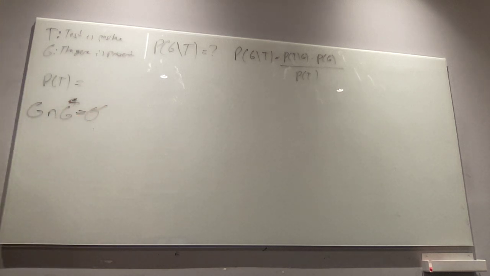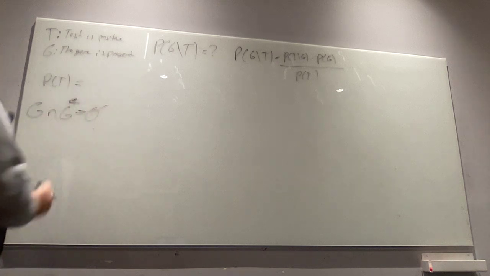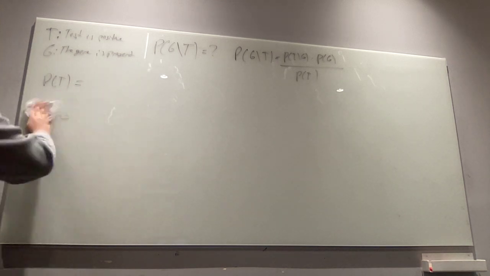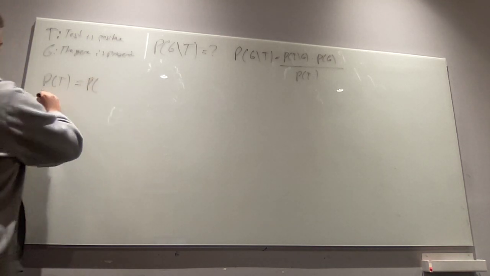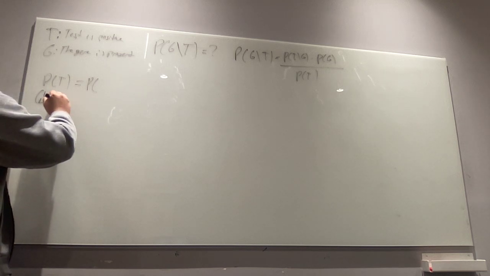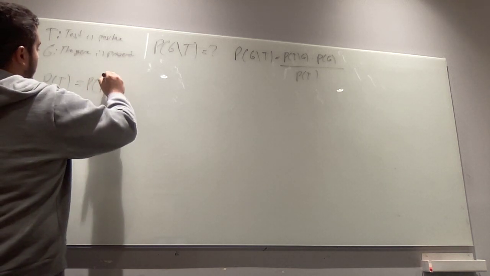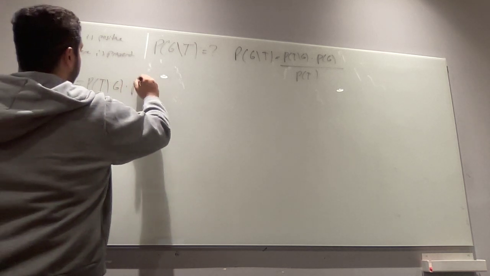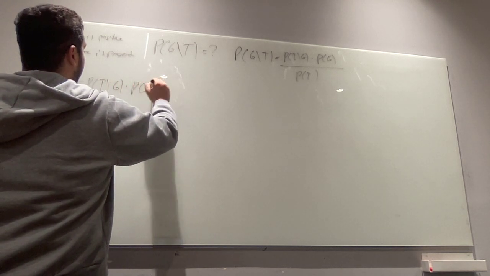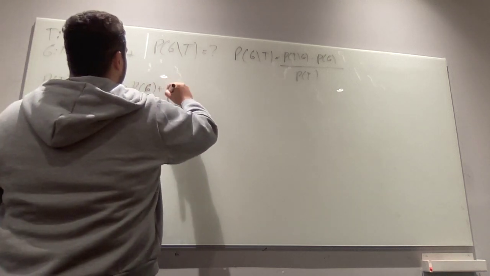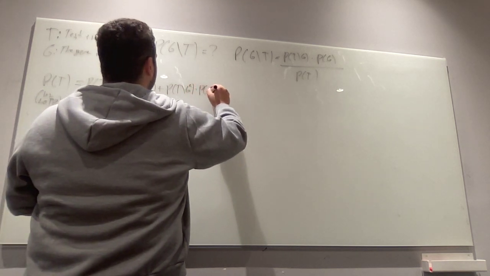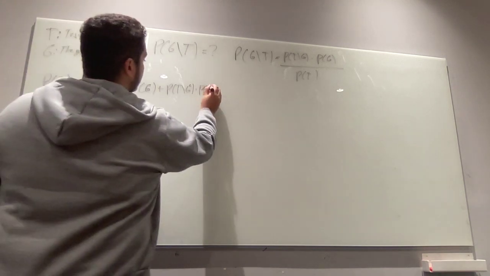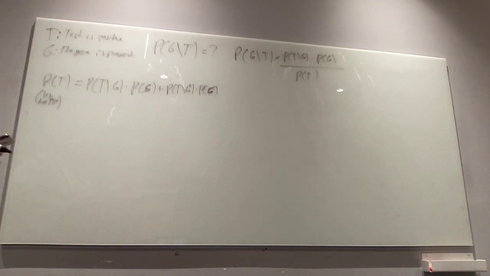By the law of total probability, probability T equals probability T given G times probability G, plus probability T given G complement times probability G complement.